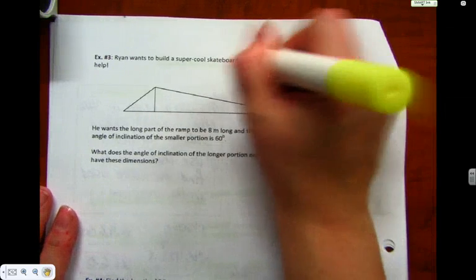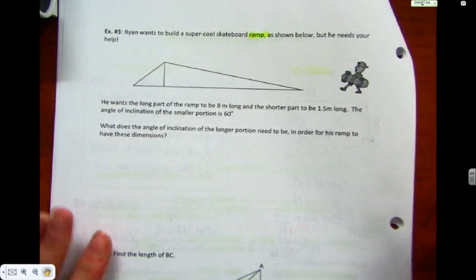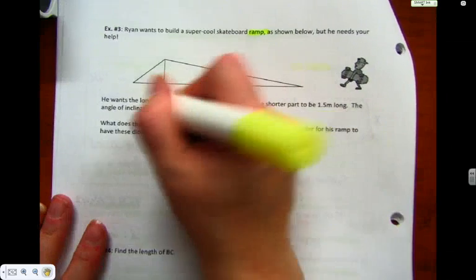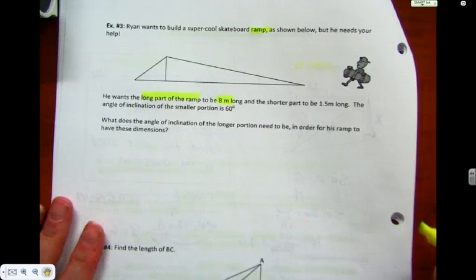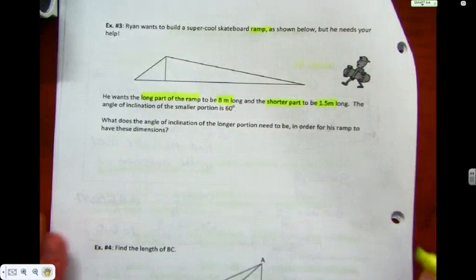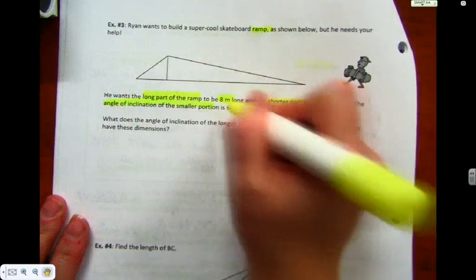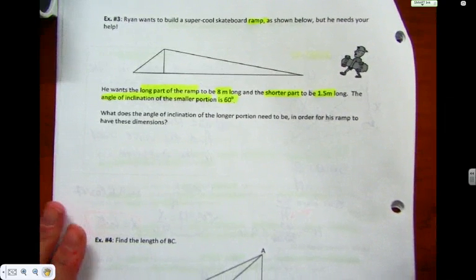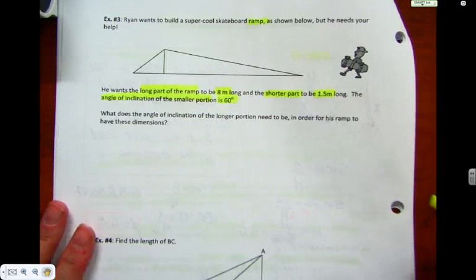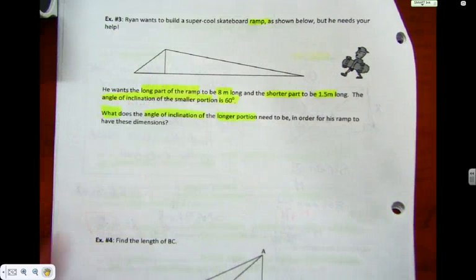Yep. Okay, the first sentence under the diagram. Okay, the last sentence. And I'm just going to highlight the question word.